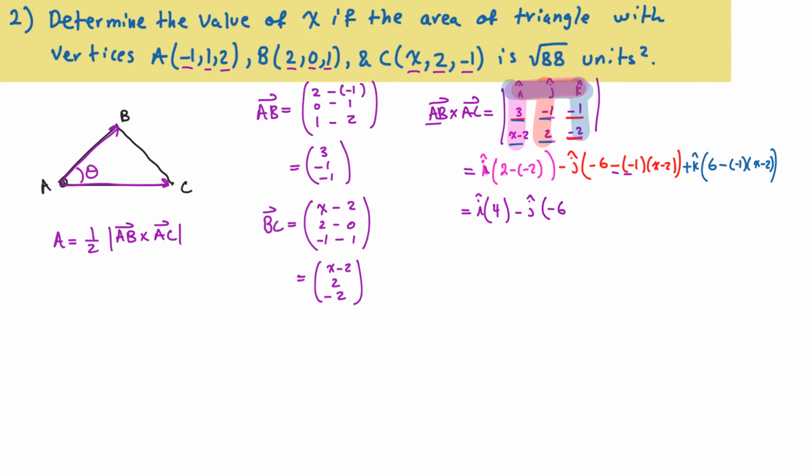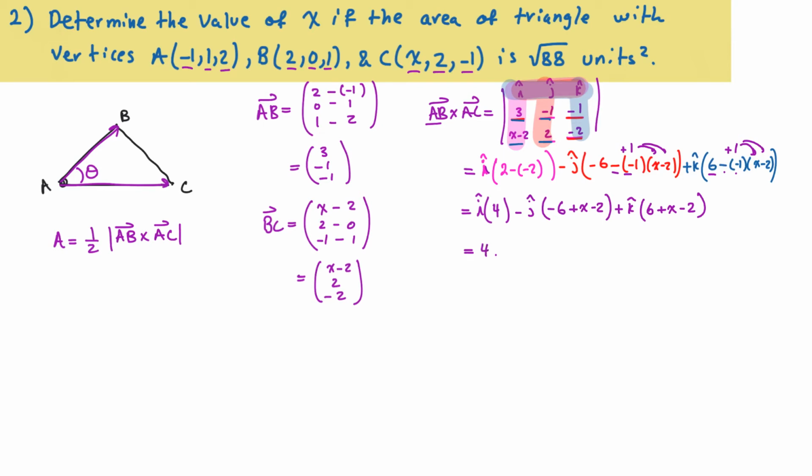Negative times a negative here makes it a positive 1, and then I have positive 1 times x and positive 1 times negative 2, so it will become plus x and minus 2. For my k, I'm going to have plus k. I'm going to have 6. Negative times a negative becomes positive 1, and I'm going to distribute the 1 into the bracket. I will get positive x and minus 2.